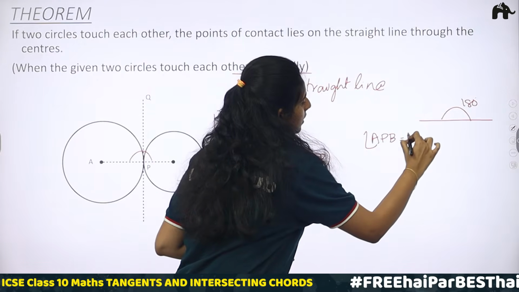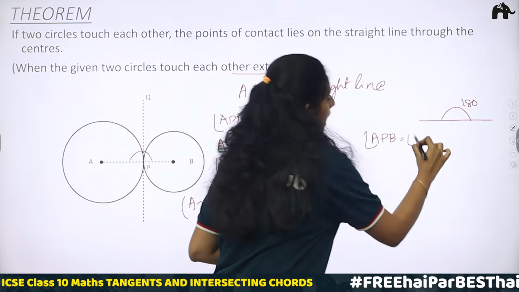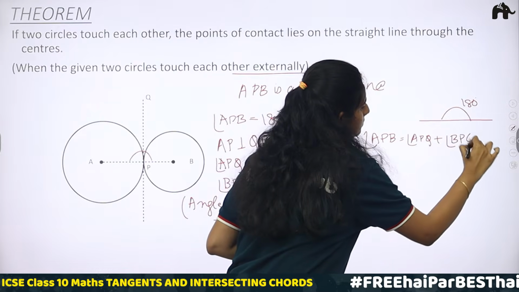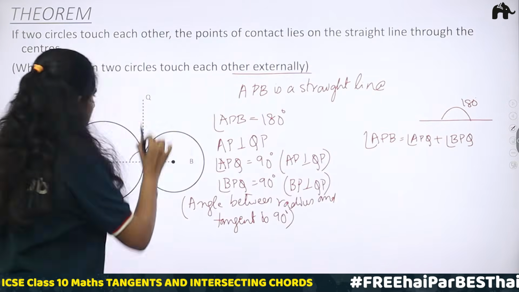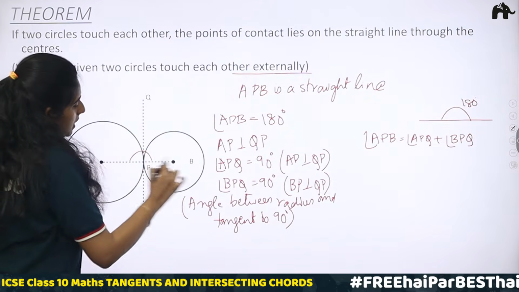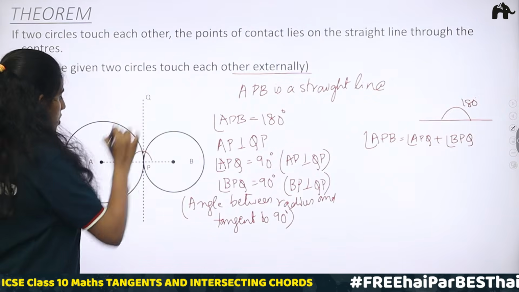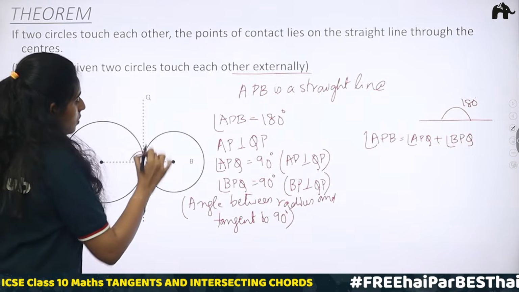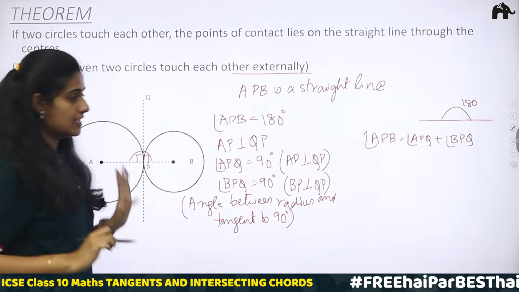Now we have angle APB equal to angle APQ plus angle BPQ. APQ is this part and BPQ is this part. Here we got APQ 90 degrees, a right angle. BPQ also 90 degrees, a right angle.